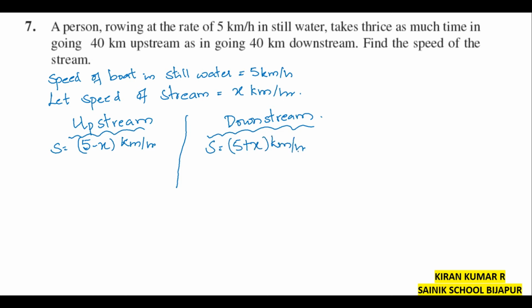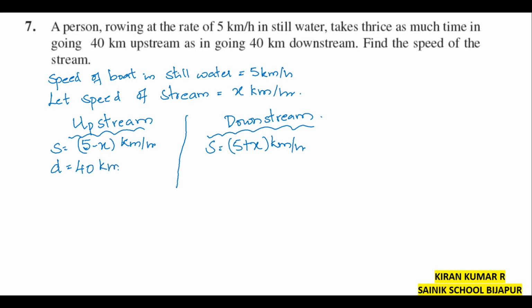You all must have experienced this. Not only cycling, if you are running or climbing a hill, you will feel your speed is reduced, and if you are going downwards, your speed increases. In both cases, upstream and downstream, the distance covered is the same.